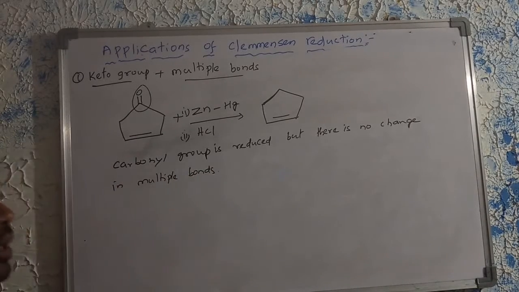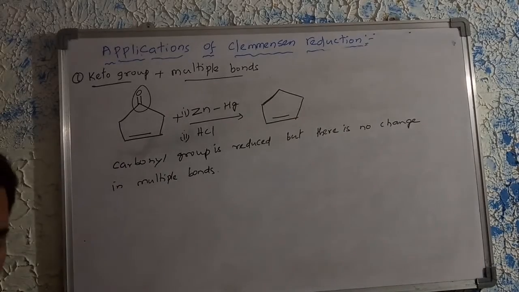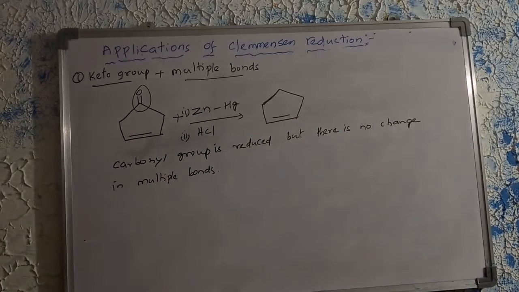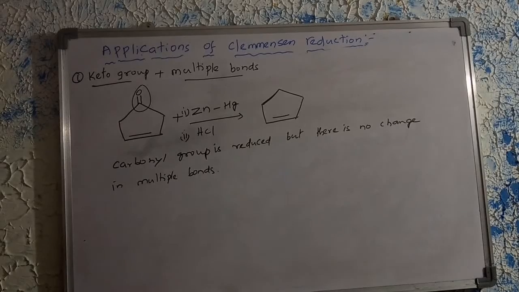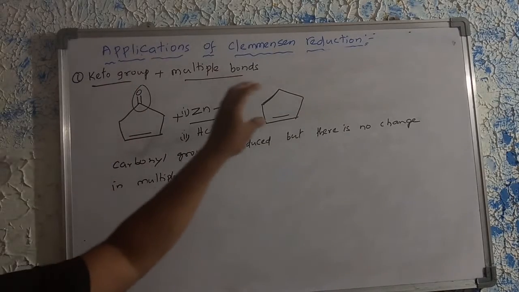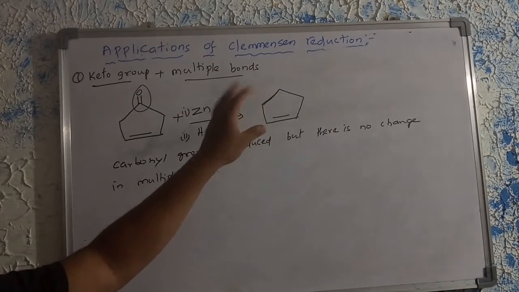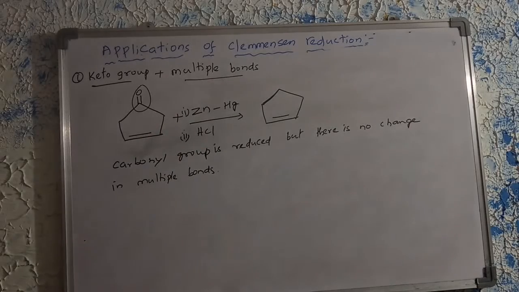Hello students, when a keto group plus multiple bonds are present, only the keto group is reduced, but there is no change in the multiple bonds. Remember.